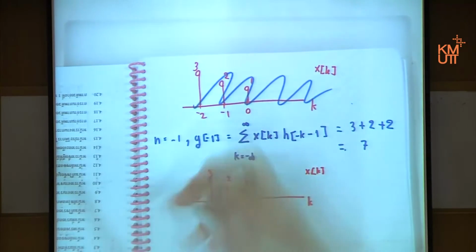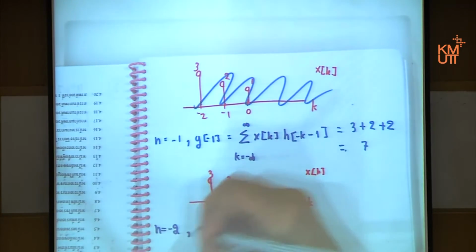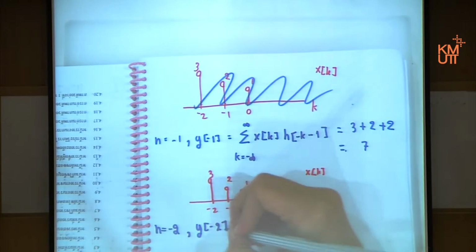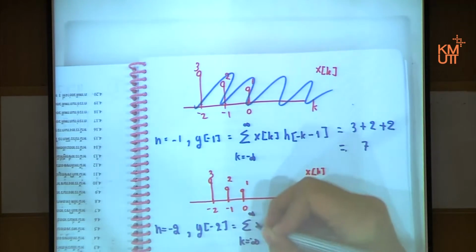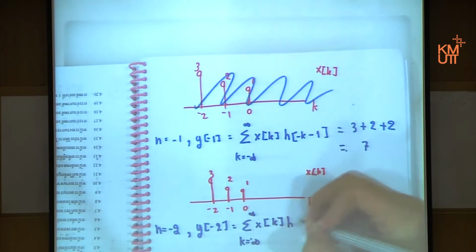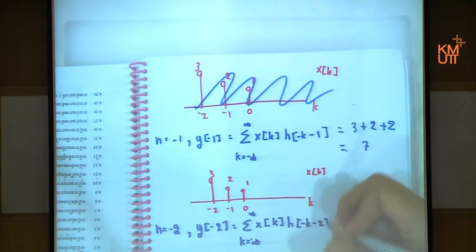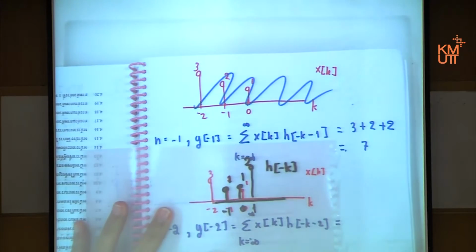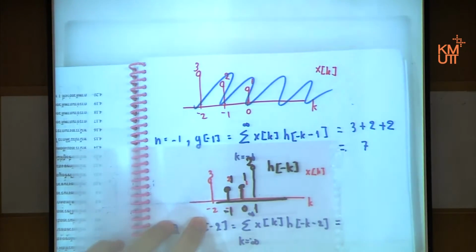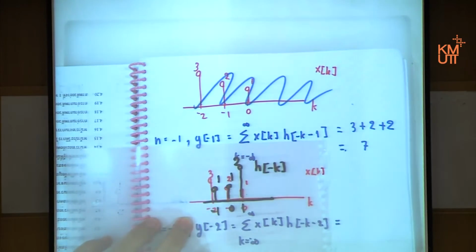Next, if n equal to minus 2, it means that you can find y[-2], the sum from minus infinity to infinity of x[k] h[-k - 2]. We start with the initial position here. Shift the black one to the left by 2 units. 1 and 2.